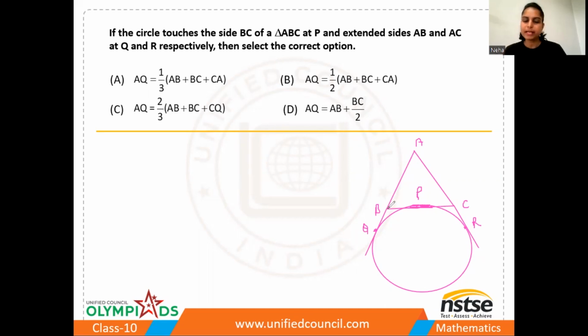Now what concept can I use here? One thing I can see is that this is a circle, and if I look at the point B, then BQ and BP are two tangents to the given circle from point B. When we draw two tangents to the same circle from the same point, the lengths of these two tangents are equal.